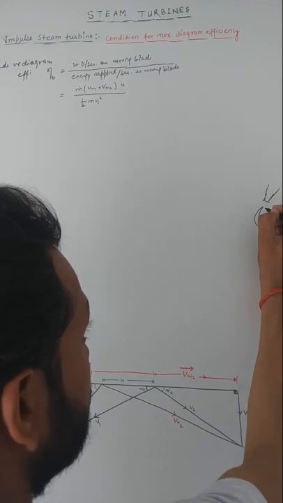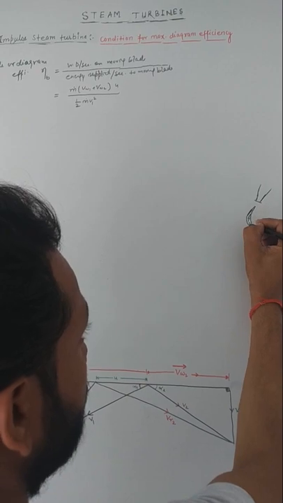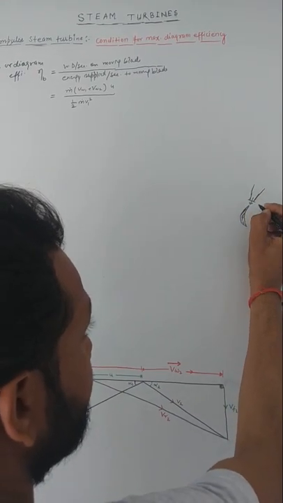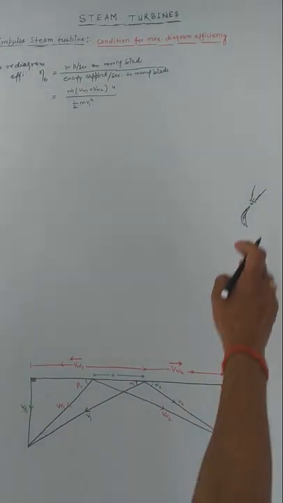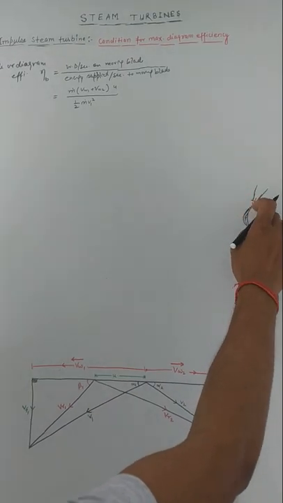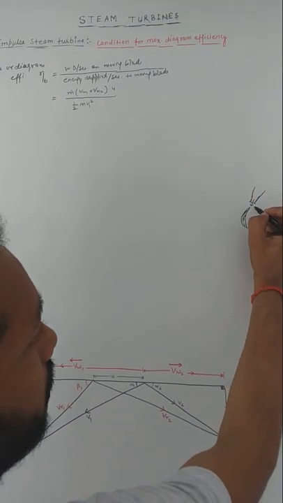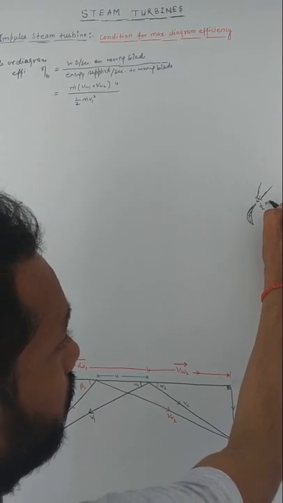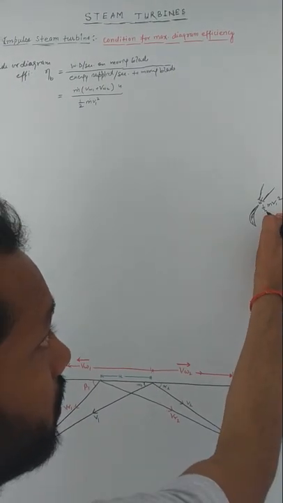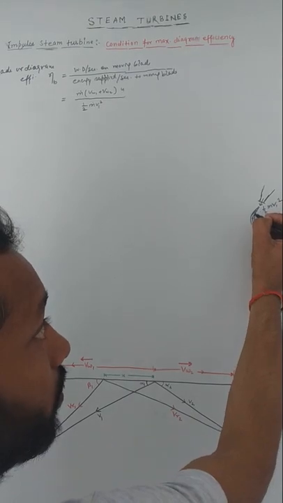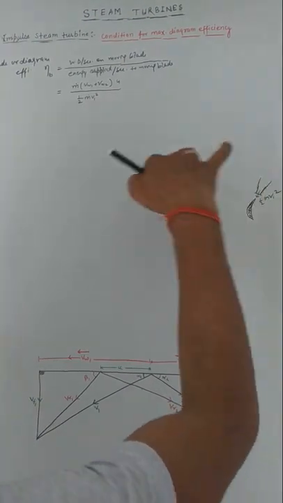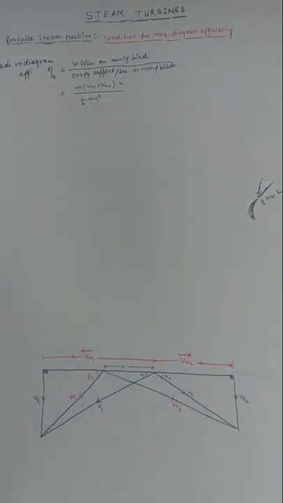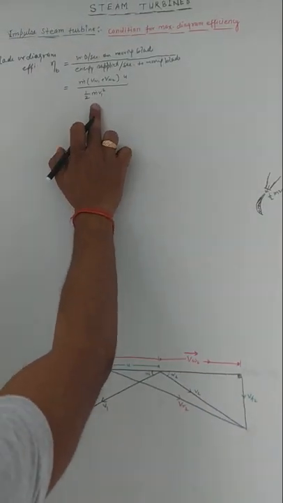Energy entering this moving blade is the energy exit to the nozzle, which is kinetic energy. This energy enters the moving blade and produces some work done at the blade. That's why we have written half m V1 square.